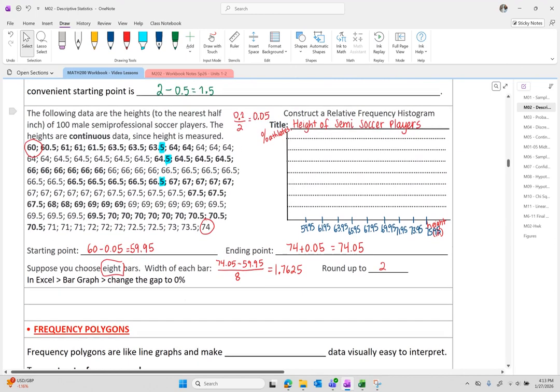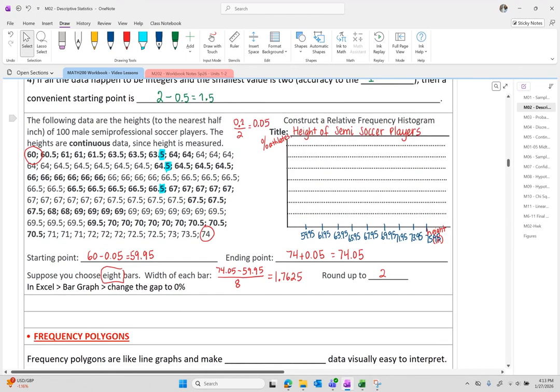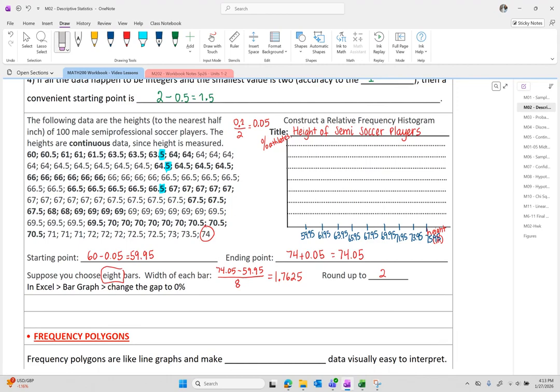And I will need to know how many values are between 59.95 and 61.95. And these are 60, 60.5, 61, 61, 61.5. So these guys here will be in my first bin. So 5 of them. So if this was the number of athletes here, let's go here by 5.